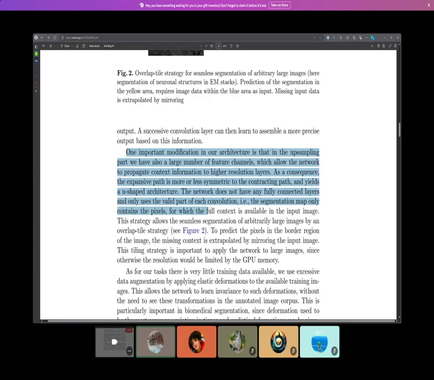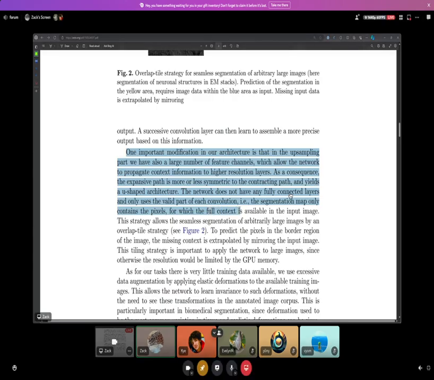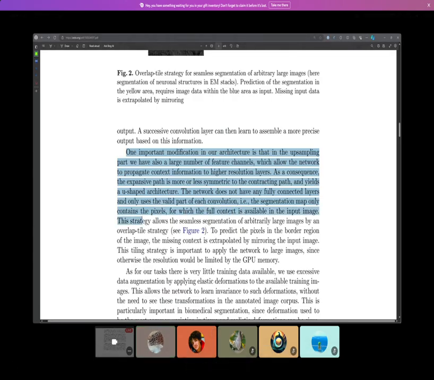The network does not have any fully connected layers and only uses the valid part of each convolution. The segmentation map only contains pixels for which the full context is available in the input image. This strategy allows the seamless segmentation of arbitrarily large images by an overlap-tile strategy.